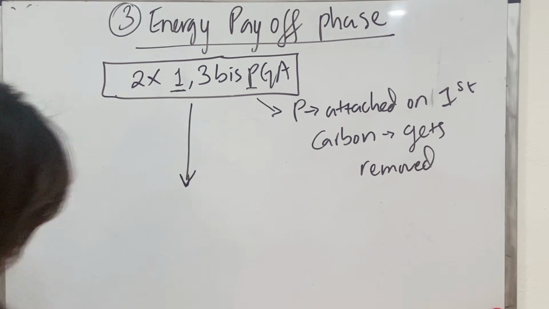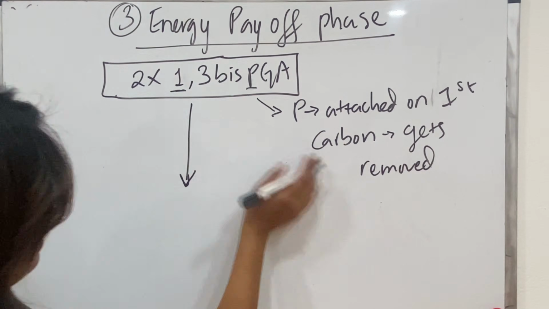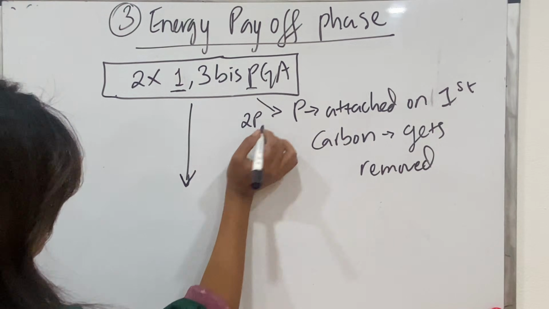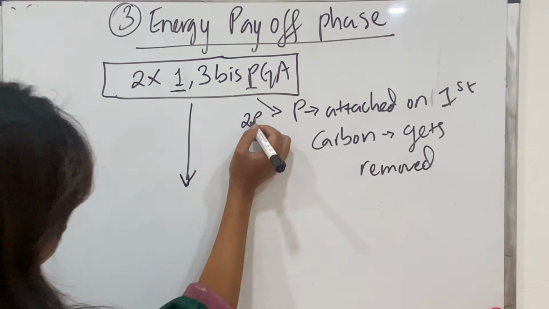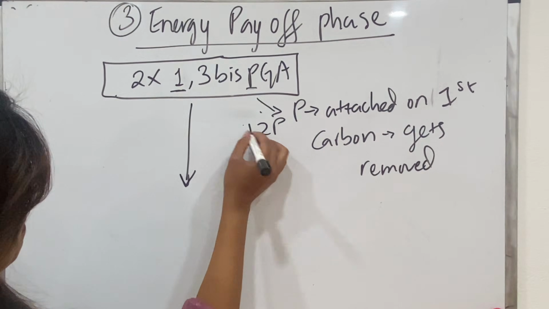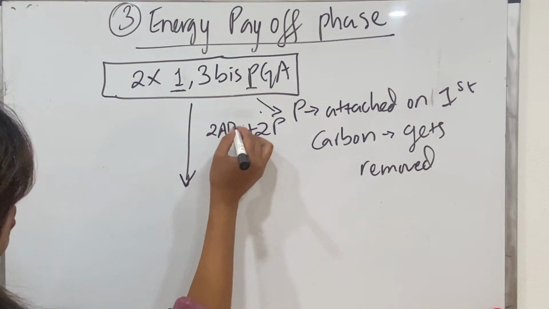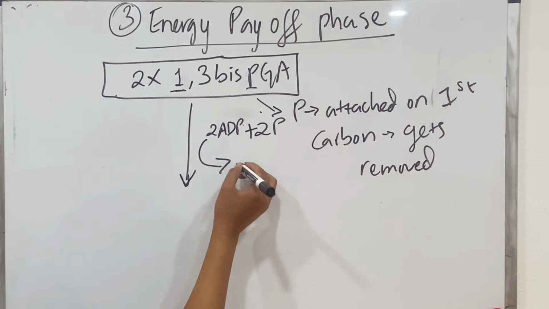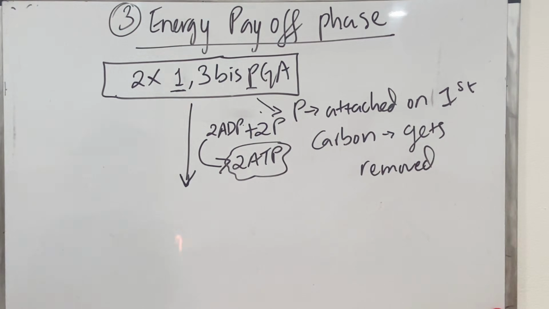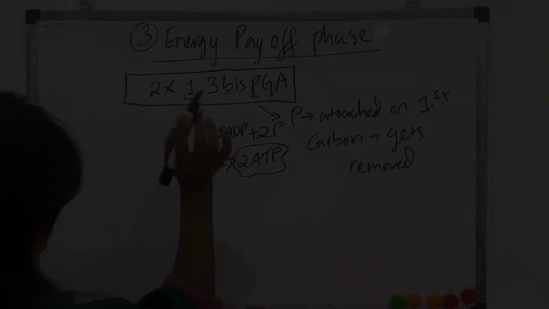And the removed phosphate gets accepted by ADP, which is adenosine diphosphate. Since there are two molecules of 1,3-bis-PGA, two phosphates are removed. And remember, these two phosphates are from the first carbon. And 2 phosphates get added onto 2 ADP, which helps in the generation of 2 ATP.